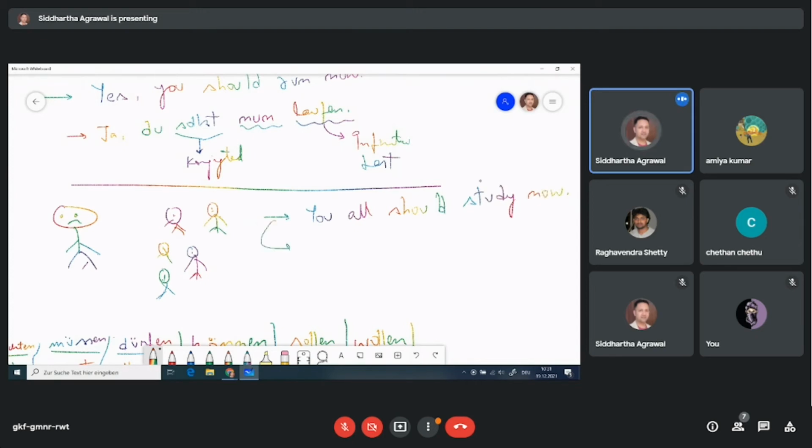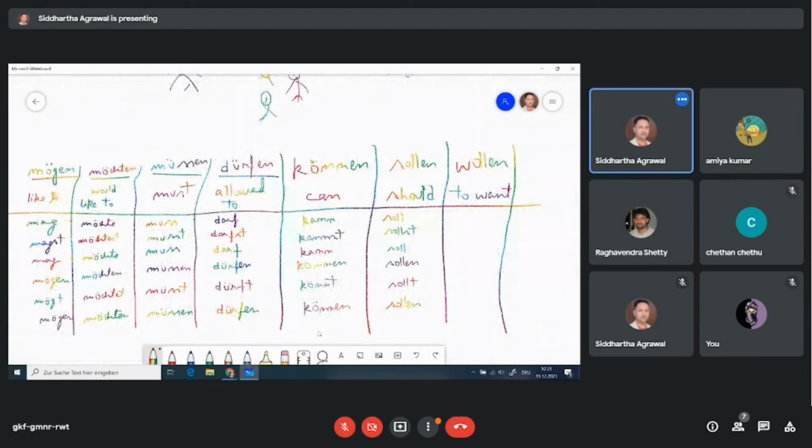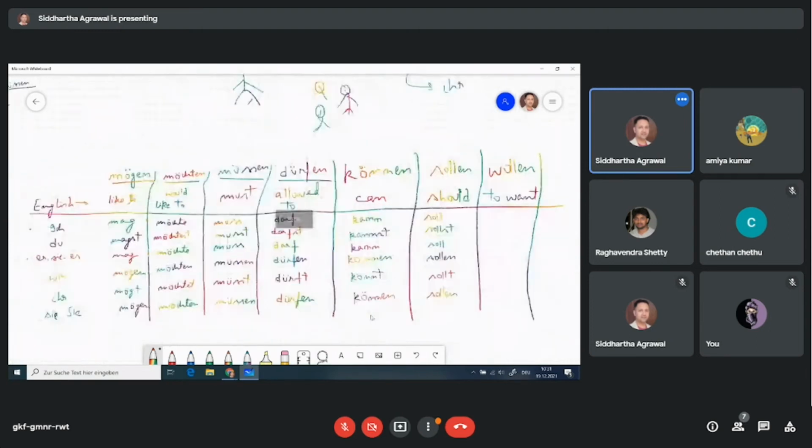Try it, friends. Raghu may give it a try. I think the conjugation for "should" for this one... Sure. Wait, I'll show you. Sorry, it's hidden here. Here it is.